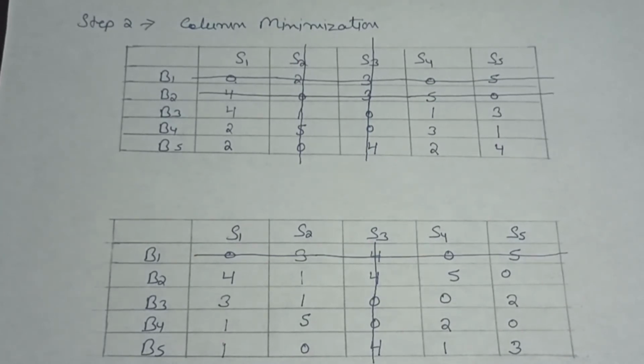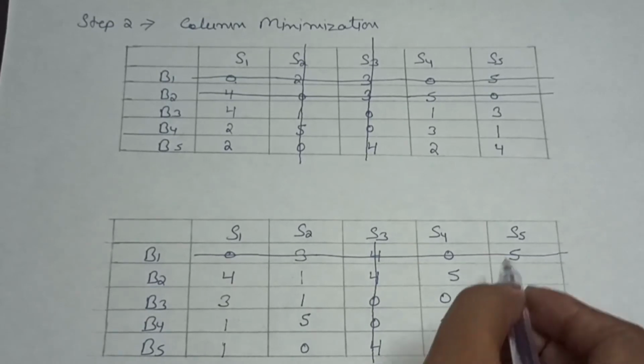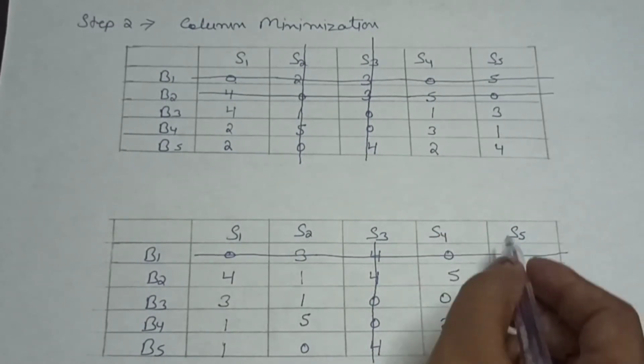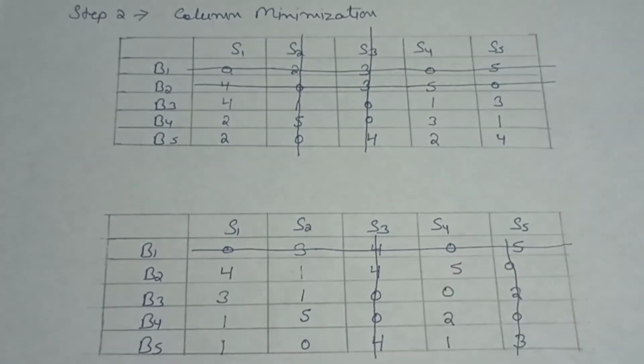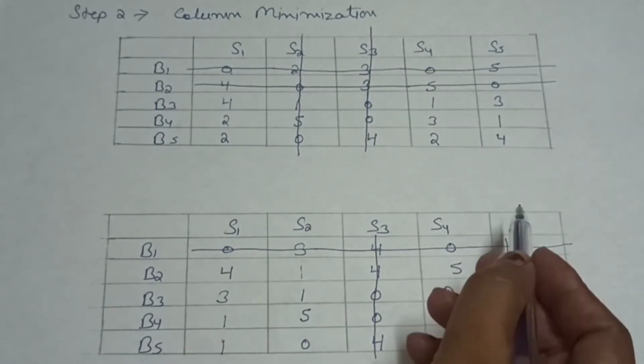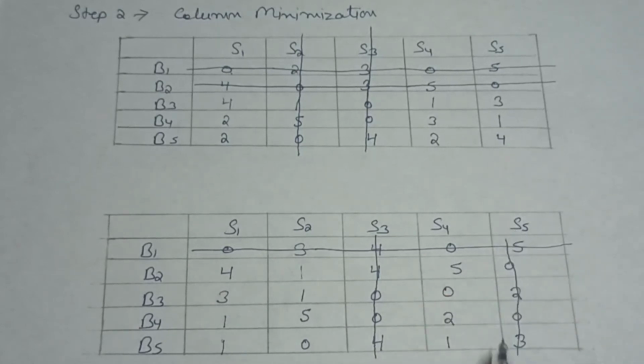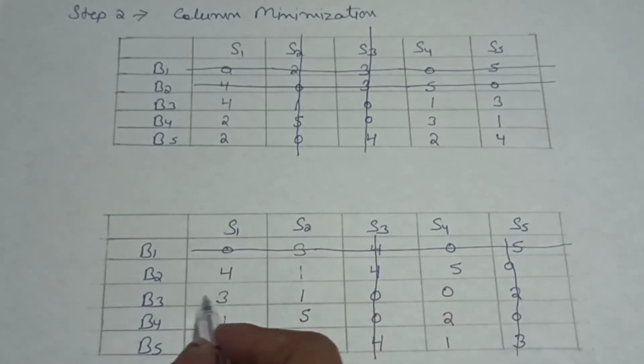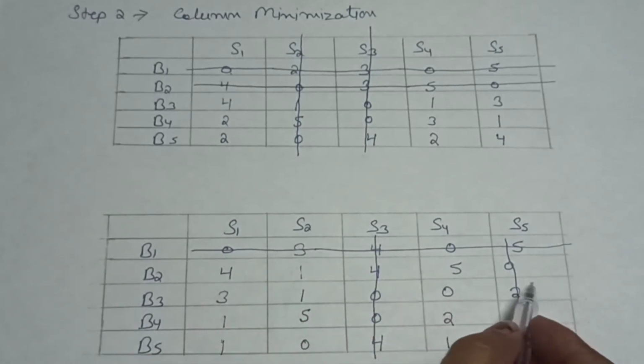Now you can check with the fourth column and fifth column. You have one 0 in the fourth column and two 0s in the fifth column. So students, you can draw the line like this. This line covers two 0s. Now we have one 0 here and one 0 here. For this 0, we can draw a line like this.